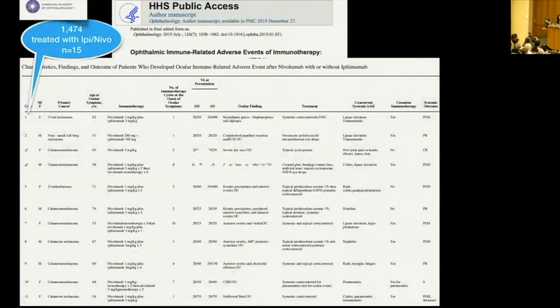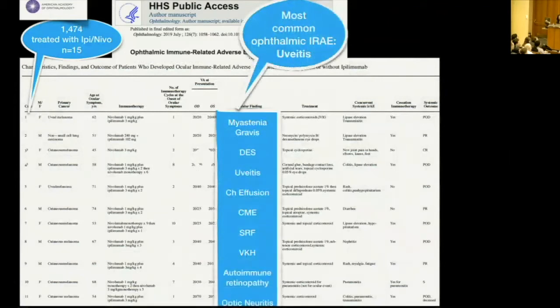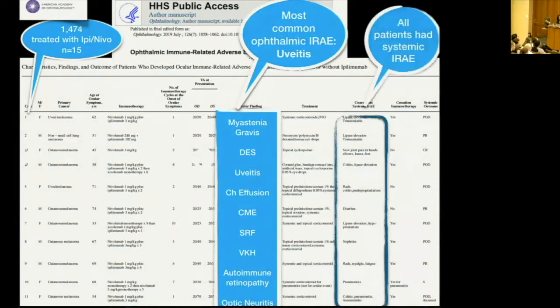Most patients were treated with combination therapy, ipilimumab and nivolumab. The most common ophthalmic immune-related adverse event was uveitis. Interestingly, all patients who had ophthalmic immune-related adverse events also had concomitant systemic immune-related adverse events, such as colitis, dermatitis, arthritis, hepatitis, hypophysitis, and the list goes on.